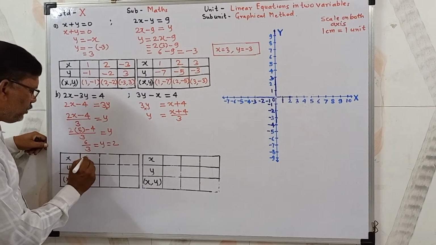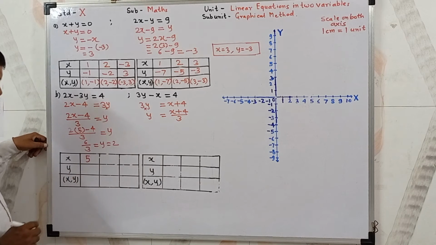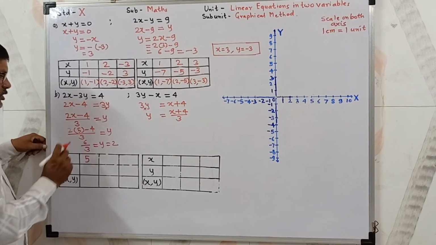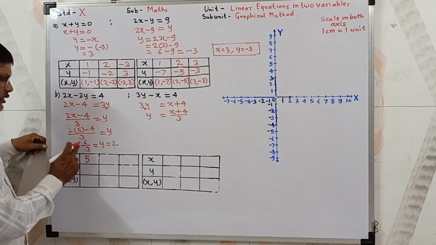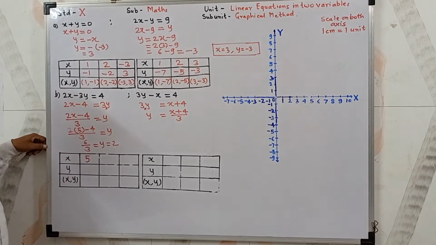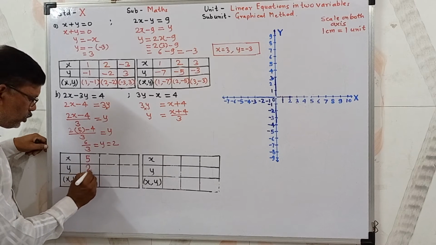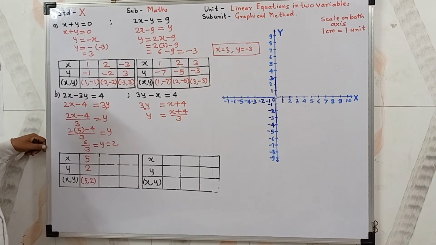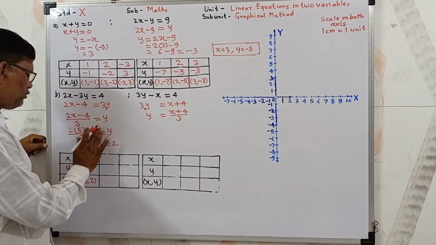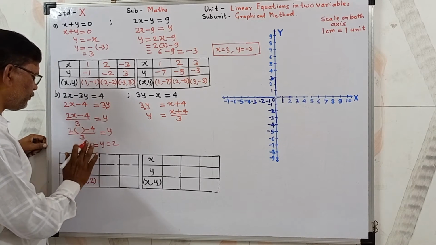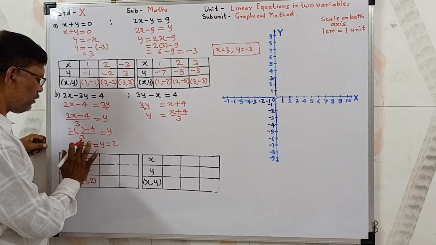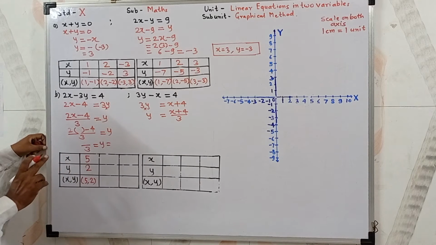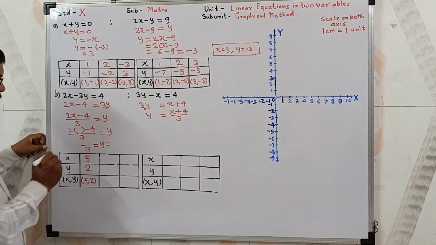We take the value of x as 5. So 5 into 2 is 10. 10 minus 4 is 6. 6 upon 3 is 2. y equal to 2. So the point is 5, 2. Now the next point. Listen here. We take the next x as 2.